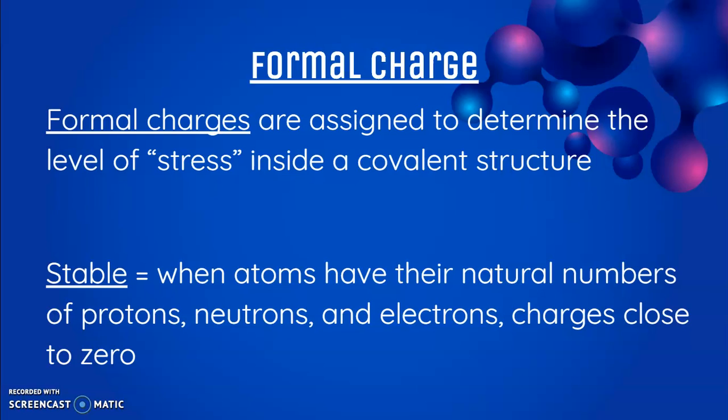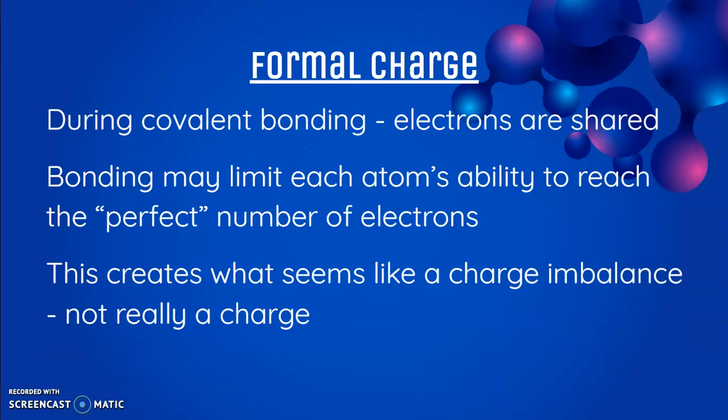And they talk about how much stress each one of those atoms is undergoing. Now, an atom is happiest when it has exactly the correct number of protons, neutrons, and electrons. In other words, its actual charge is as close to zero as possible. But when we're undergoing covalent bonding, we know that some of our electrons are going to end up being shared.